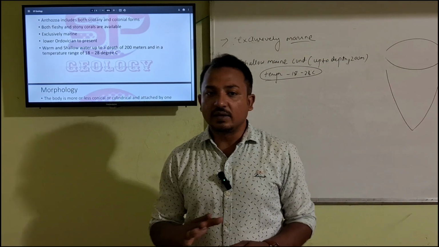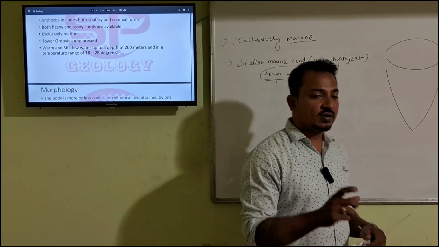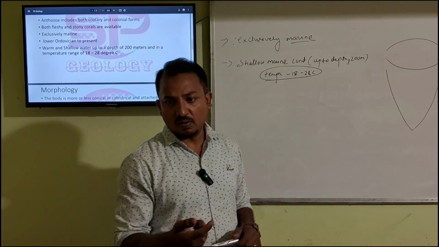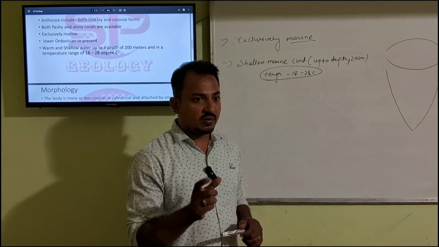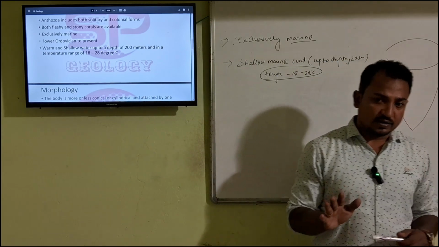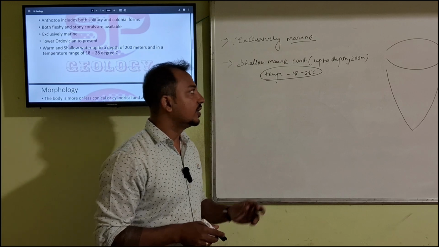Corals are found up to a depth of 200 meters, and the temperature range should be temperate, or you can say warm shallow water. Sorry, shallow marine condition, not exactly shallow water, because it is exclusively marine.